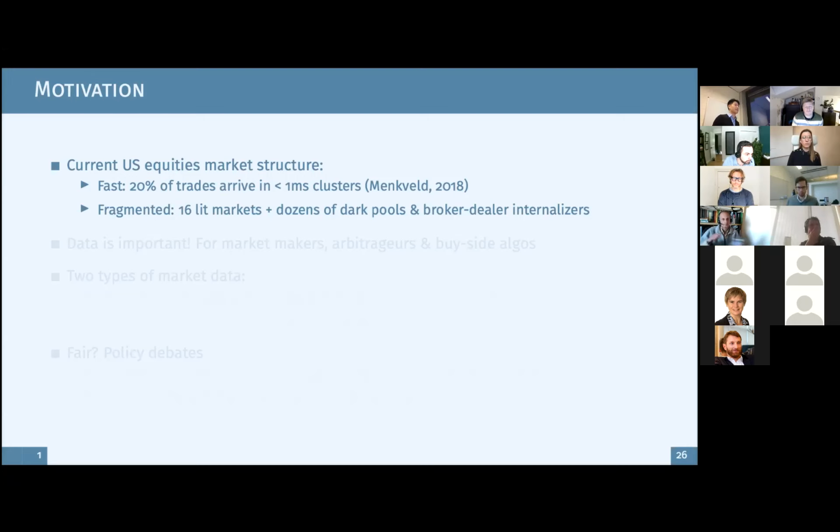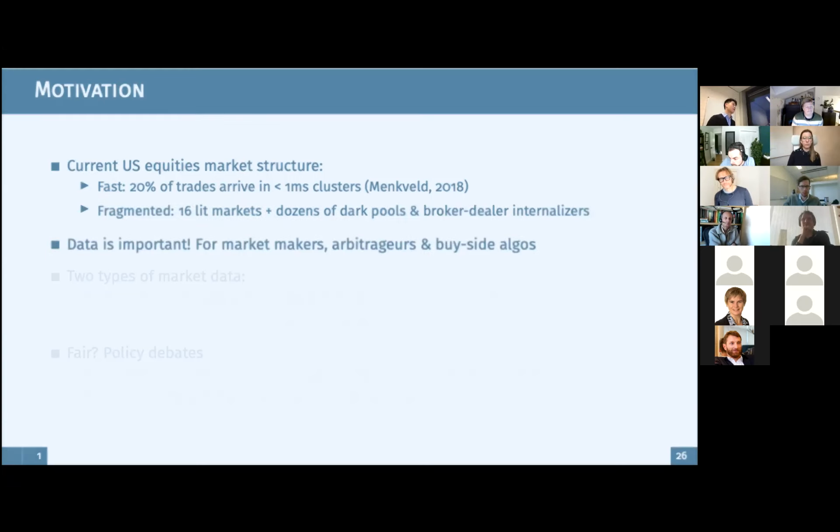The US now has 16 lit markets, where just 2 years ago there were only 13. Besides the lit markets or public exchanges, we also have dozens of dark pools and broker-dealer internalizers, which have an increasing role, especially after retail trading exploded.